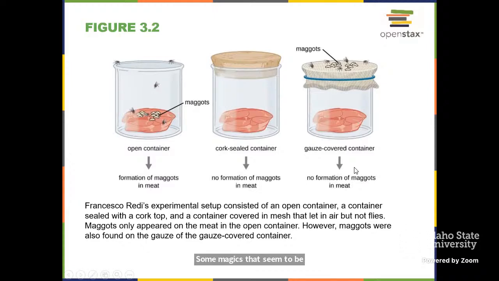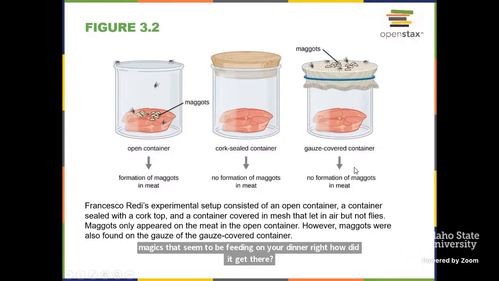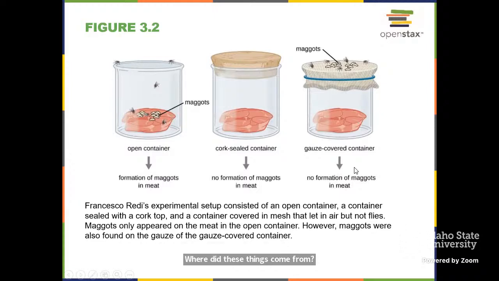How did it get there? Where did these things come from? Spontaneous generation, it must be. They just showed up, right? We know that a fly has laid some eggs on the meat and they hatched out, and these maggots are feeding on it, and in turn will emerge as flies. Or at least I hope we know that.